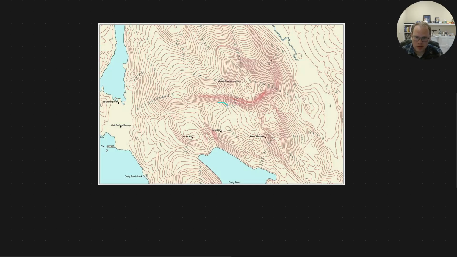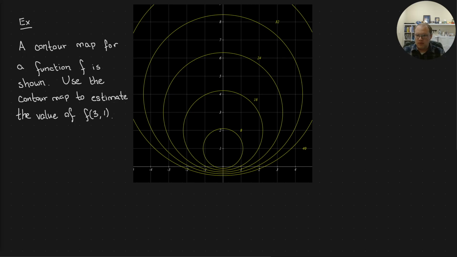Over here, in this region, the lines are really close together. That means it's changing in height really quickly. Whereas over here, where they're more spread out, the height is changing more slowly. By constructing these contour plots, you can almost see the landscape. And if we did this for a surface by plotting lots of level curves, we can see the change of the surface.